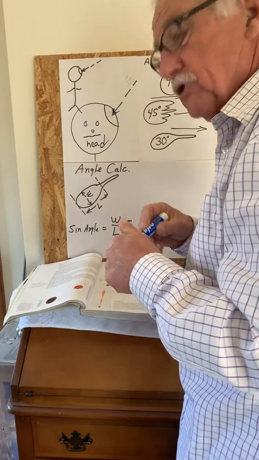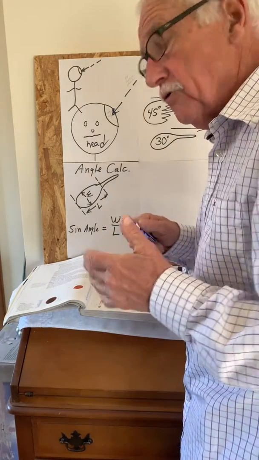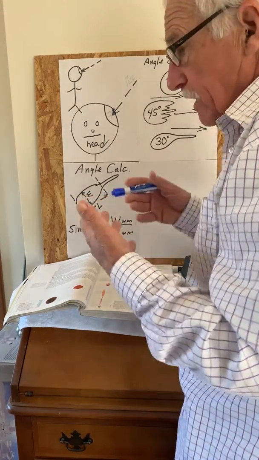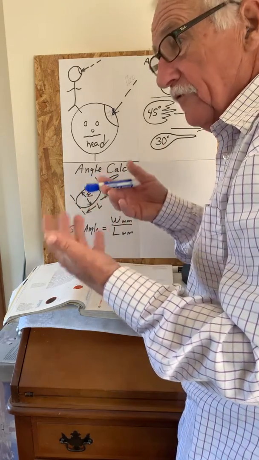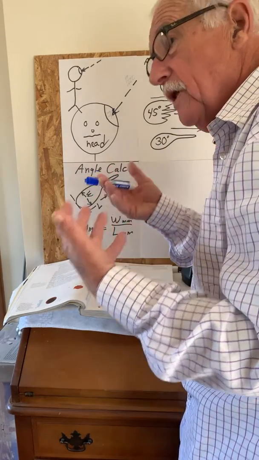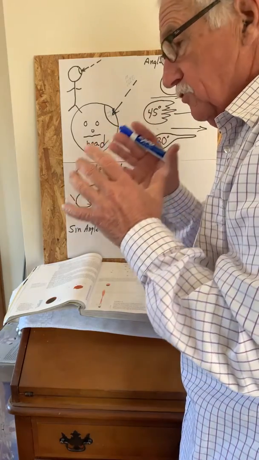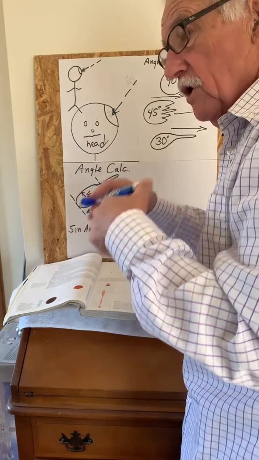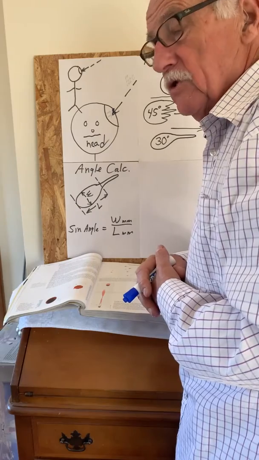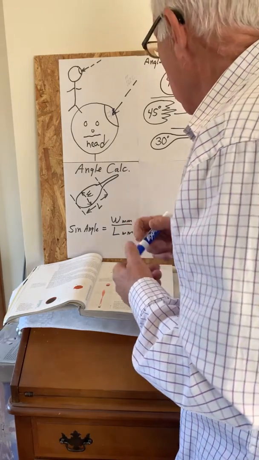That's the only situation where you get that 90 degrees. Now what happens when the angle of impact becomes less than 90? It goes from circular to elliptical in geometric design.